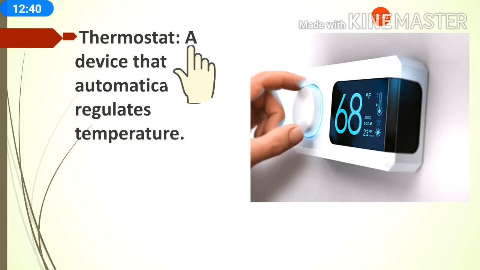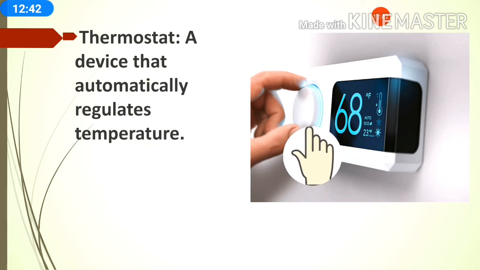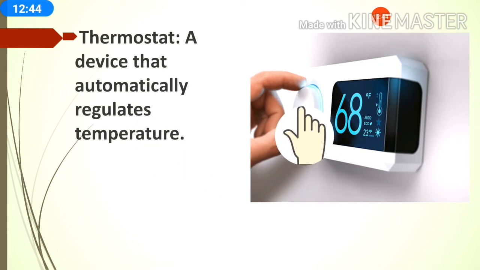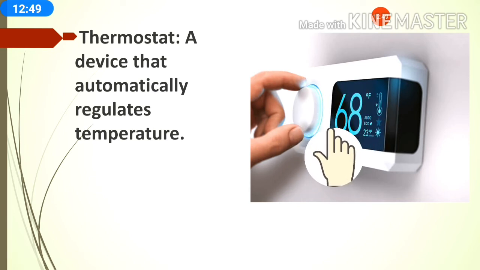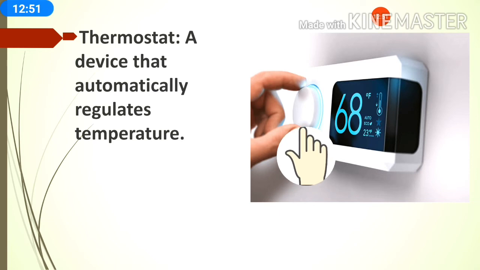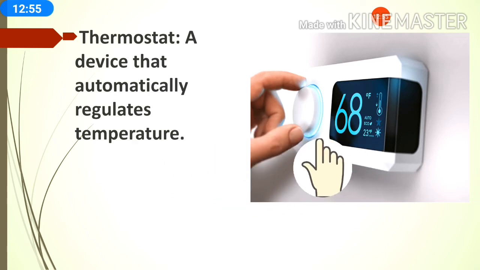So a thermostat is a device which automatically regulates temperature. It can work automatically depending on the condition, the atmospheric temperature, or we can also regulate the temperature as per our need. So this is a thermostat.